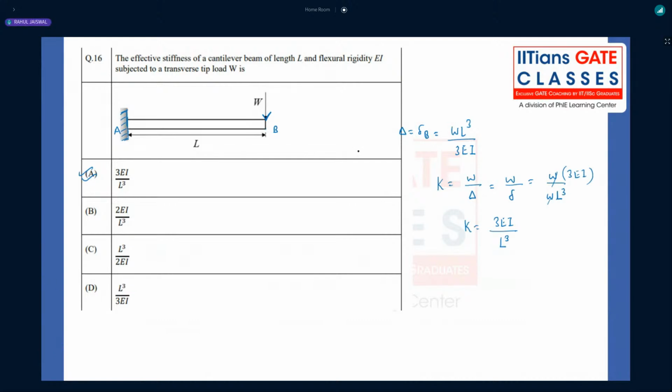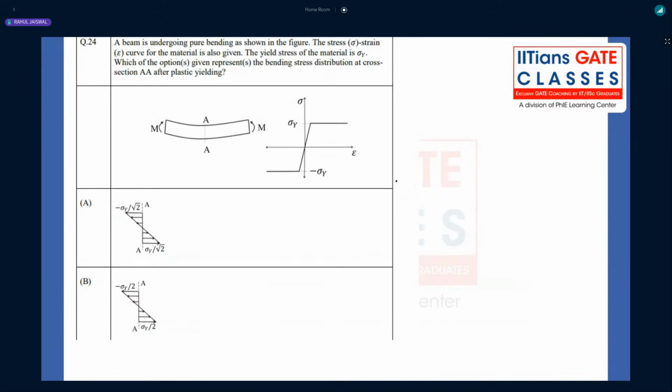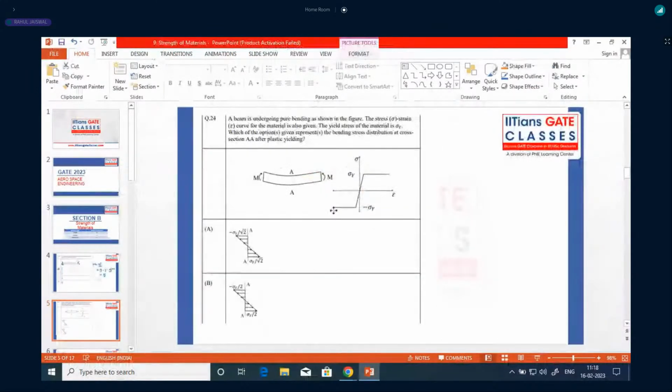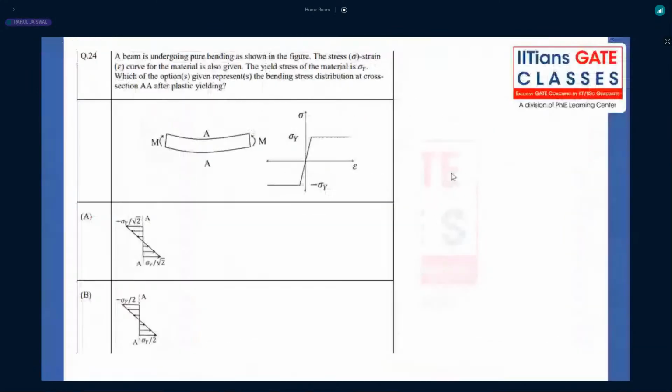Moving on to the next question. Now, a beam is undergoing pure bending, as shown in the figure. The stress versus strain diagram has been given in this particular question.